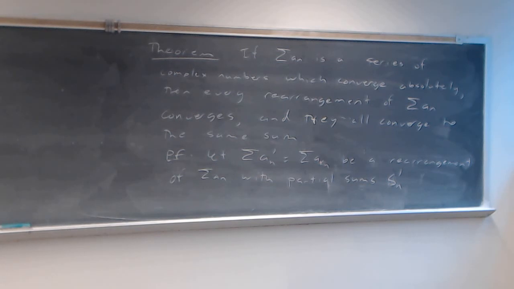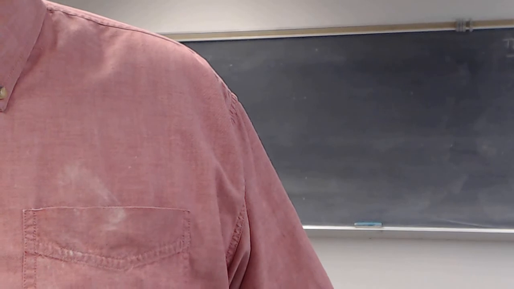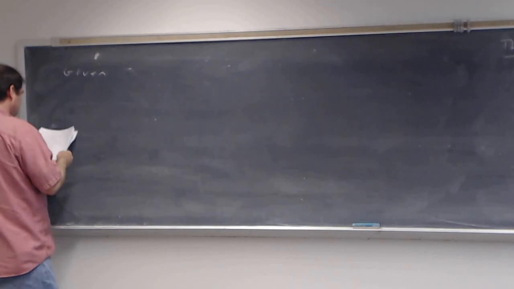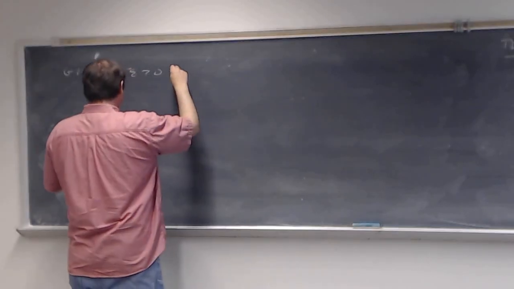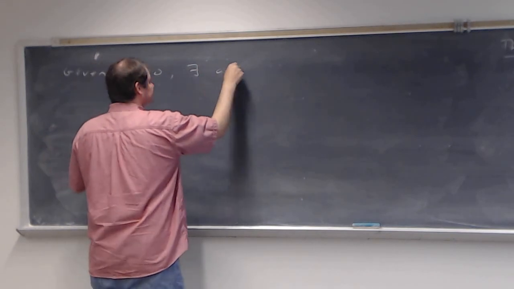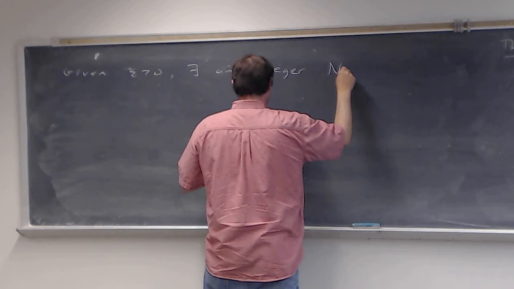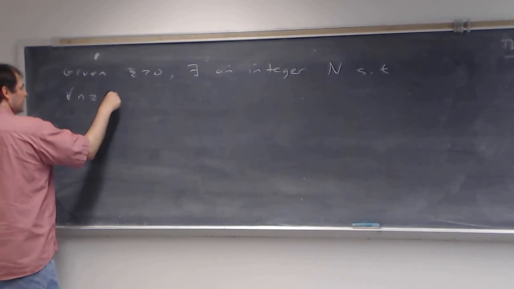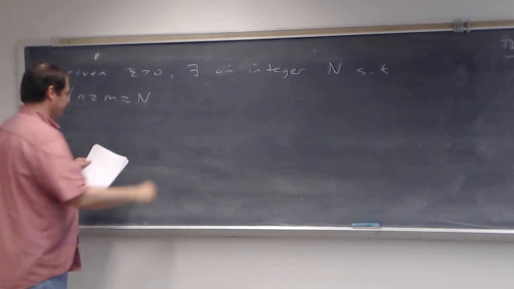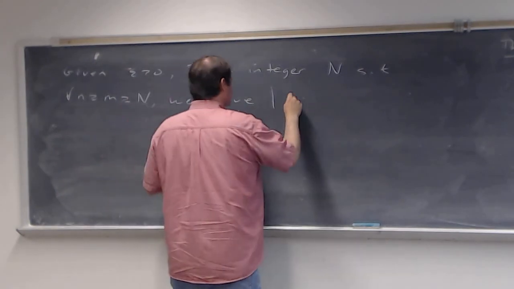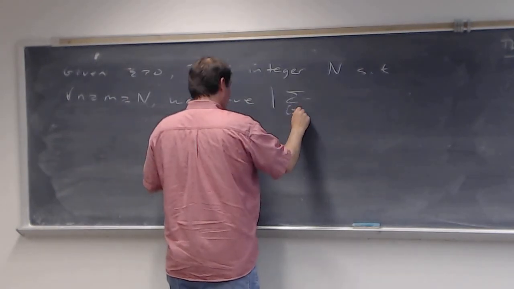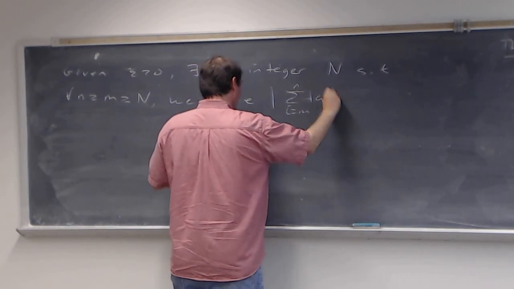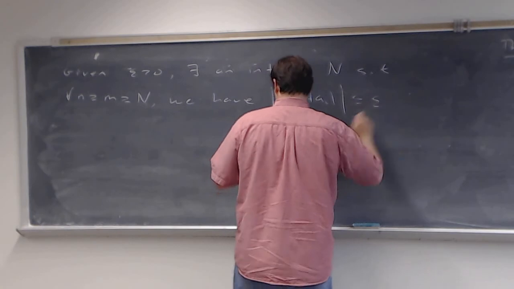Given epsilon greater than 0, there exists an integer, big N, such that for all n and m bigger than or equal to this big N, we have the sum from i equals m to n of the norm of the a sub i's is less than or equal to epsilon.